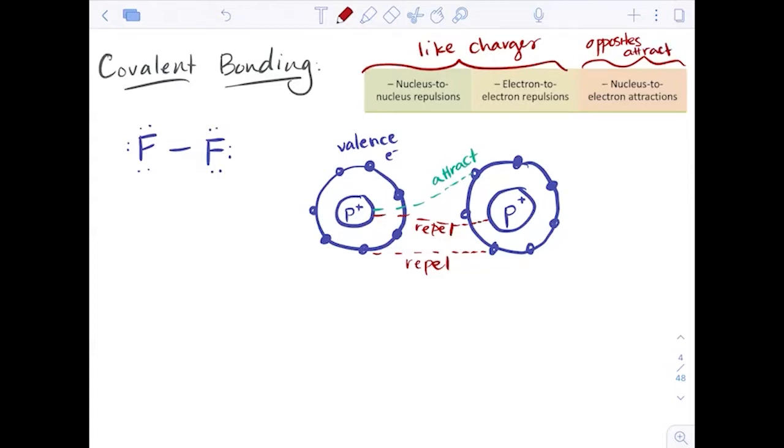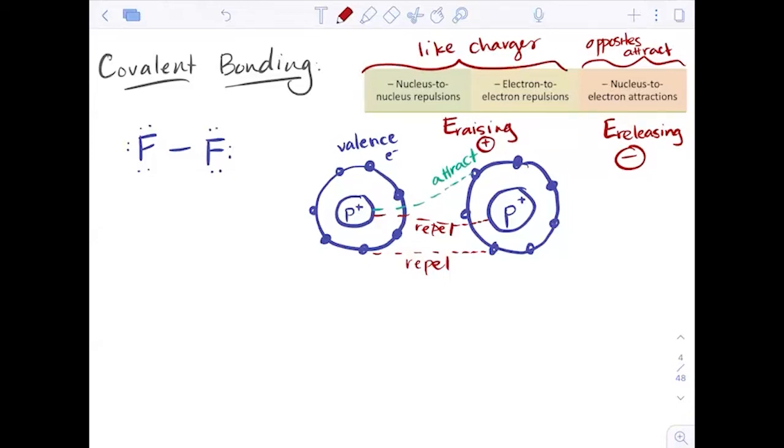Now in Coulomb's law, what he tells us is that if opposites attract, that is energy releasing, exothermic, negative in value. If like charges are brought together, that is energy raising, positive, endothermic.